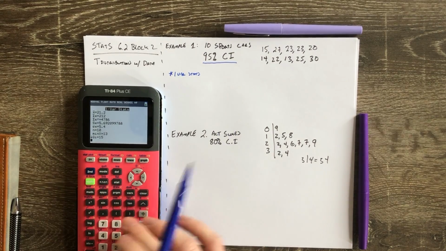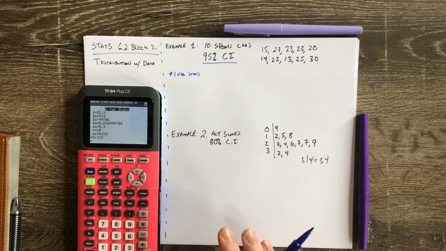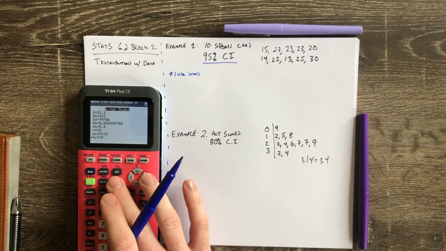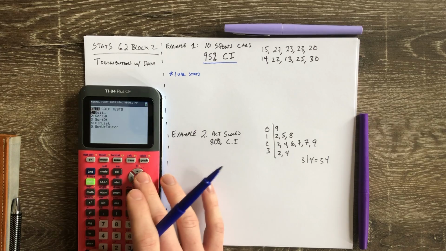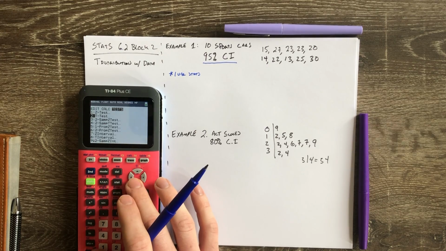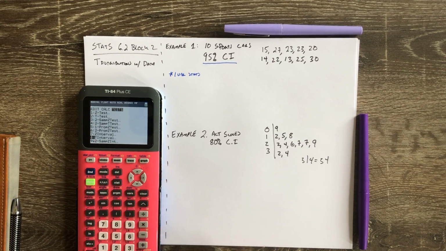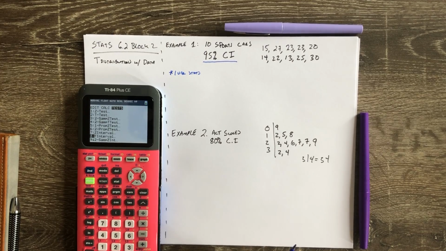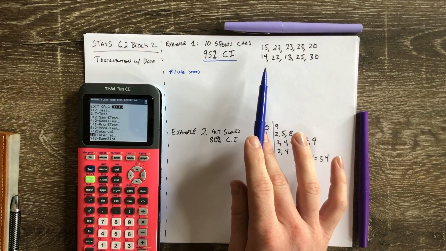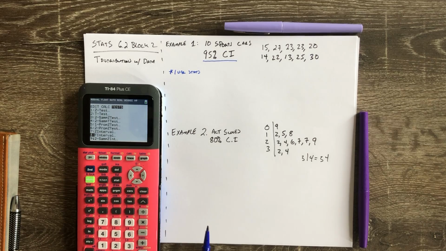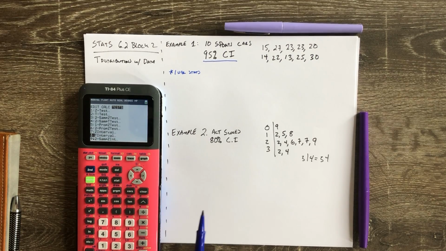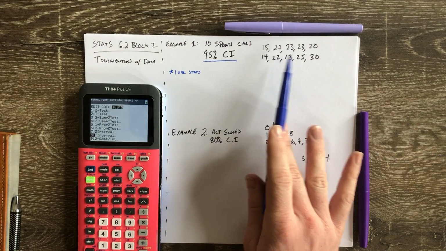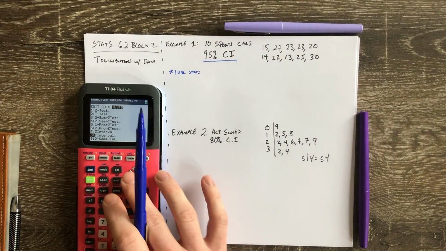Now if we want to construct the interval, we can do what I showed you before, or since this is data, we can go stat, over to test, and use number 8, a t-interval. And remember, we're using a t-interval because, first of all, we don't know the population standard deviation. The problem didn't say anything about the population being normally distributed, and my n is under 30, so I have to use a t-interval, right?